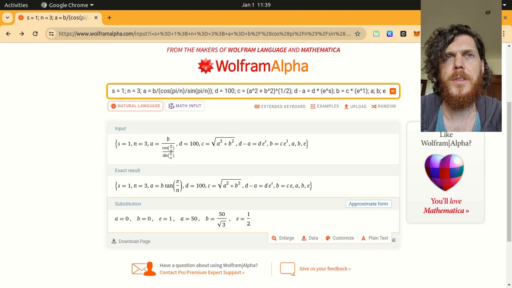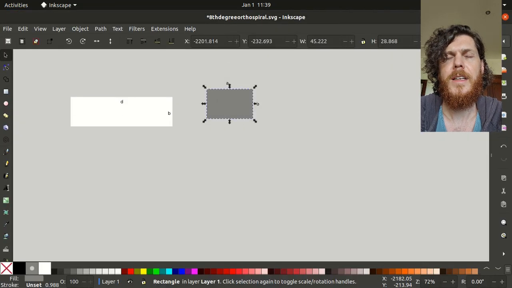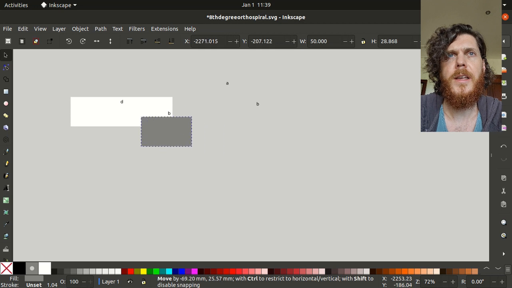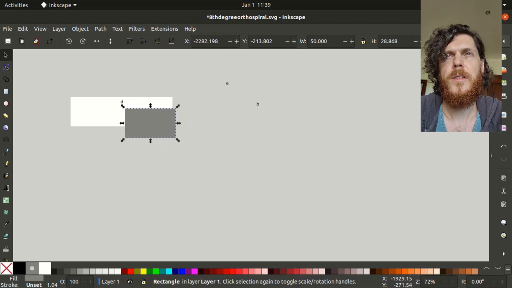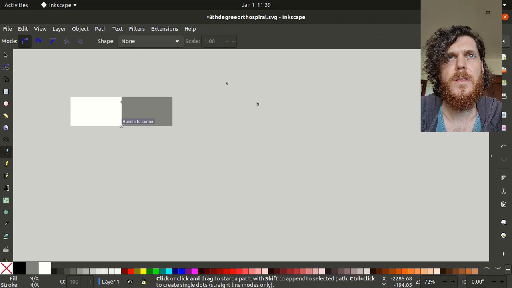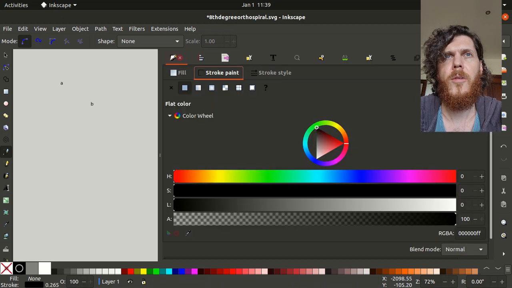And A is relatively straightforward. It's just 50. So half of D here. So there we go. Okay, now we can use these two rectangles to make the right angle trapezoid. And here's how we make that trapezoid. And now we have the tile.